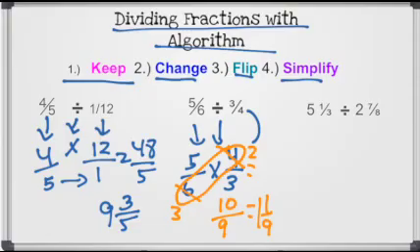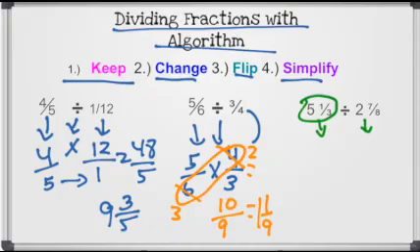In this last problem, I have some mixed numbers. So before I keep, change, flip, I need to change my mixed numbers to improper fractions. We do that by simply thinking about how we can change this whole number and fraction into an improper fraction. We'll change it all to thirds. How many thirds are in 5? That's 15, because 3 times 5 is 15.